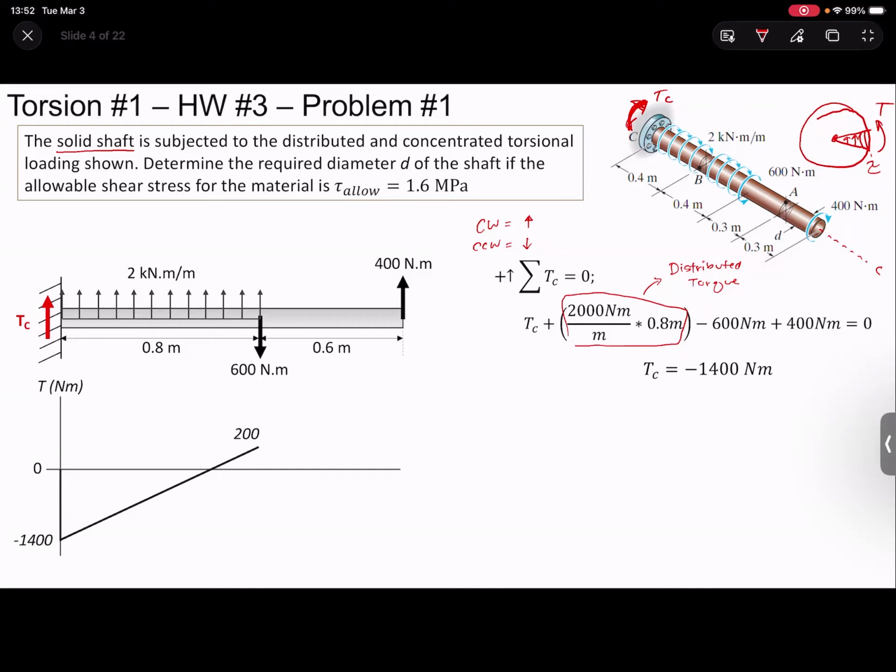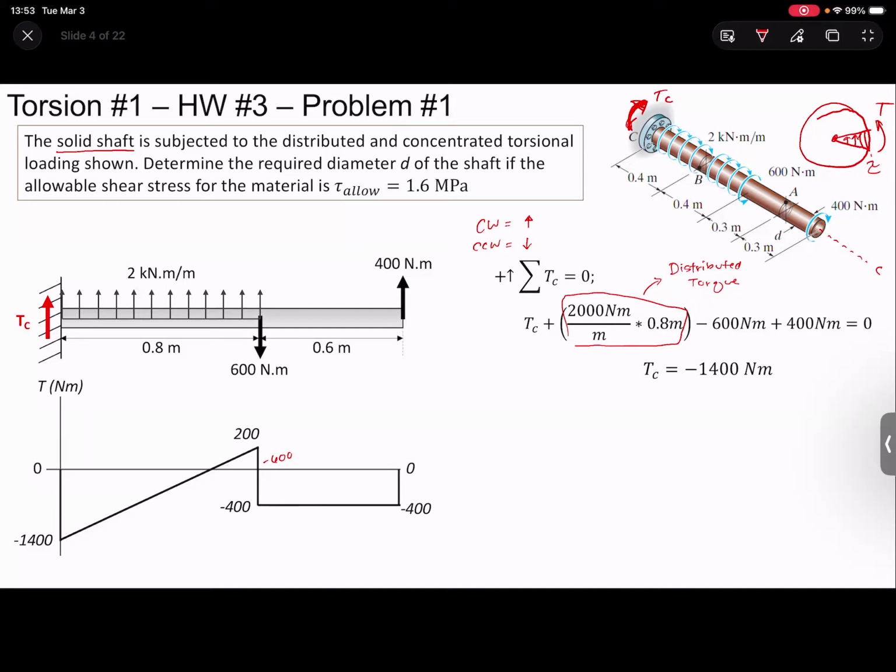So we know that in total, this is going to be 2,000 Newton meters times 0.8, so that's 1,600. And so we add 1,600 Newton meters to it. Then we have that point torque of 600, so we knock that down 600. Then nothing happens in between here, and then we have that end torque going back to 0.